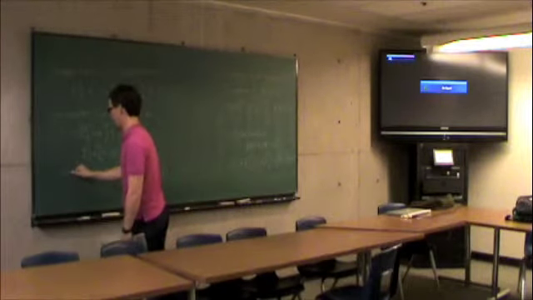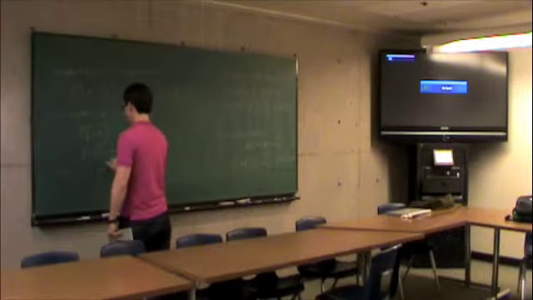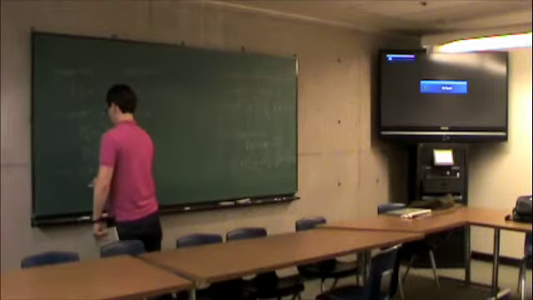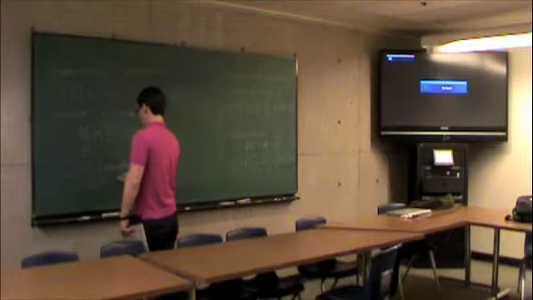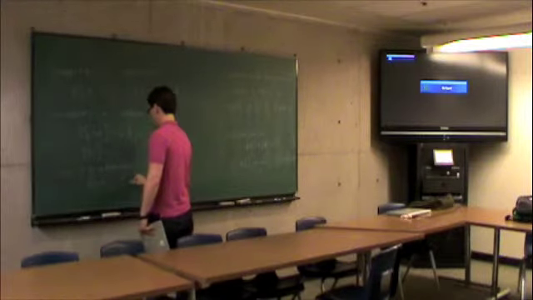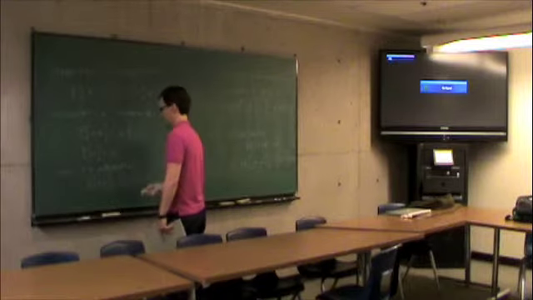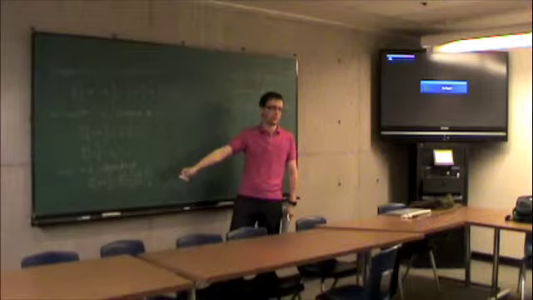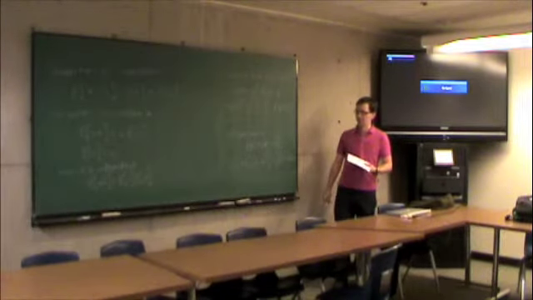And finally, if A and B are independent, then the expected value of A times B is equal to the expected value of A times the expected value of B. And if and only if they're independent. If they're not independent, then that doesn't work. And in fact, if they're not independent, there's no shortcut.